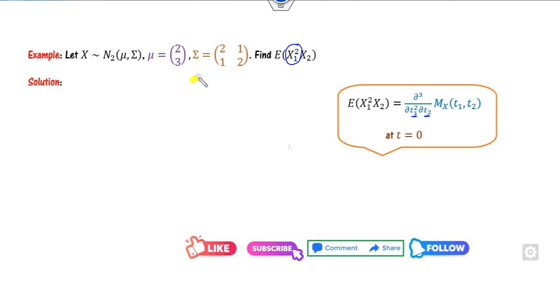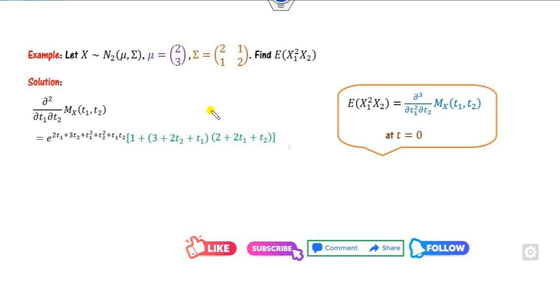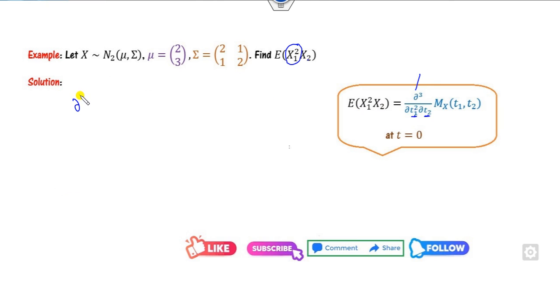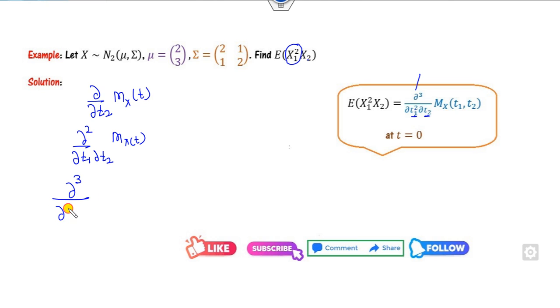Firstly you have to find this value of the moment generating function, then you have to differentiate it, and then again with respect to t1 square. Fine. This is the way you can obtain that.